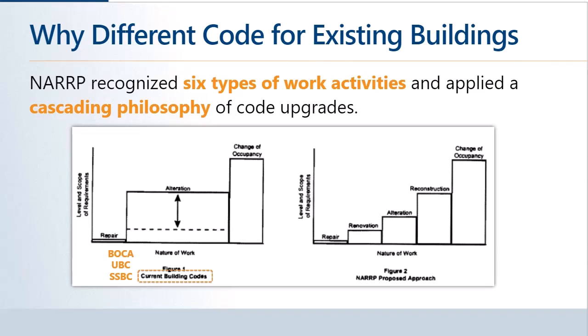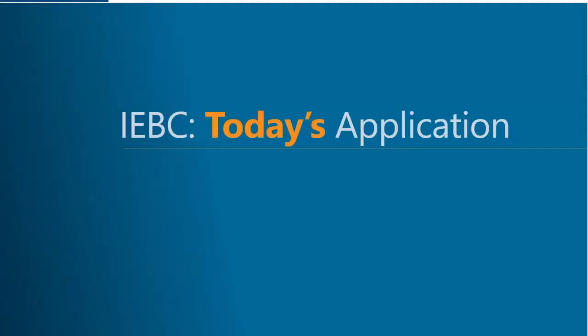And you can see on the right-hand side is the NARP proposed approach. And interestingly, you can see there are now 3 different levels of an alteration. And that's where we get level 1, 2, and 3 of the alterations that you currently see in the IEBC. And it's very interesting. Almost word for word, the provisions are taken from the NARP into the work area method.